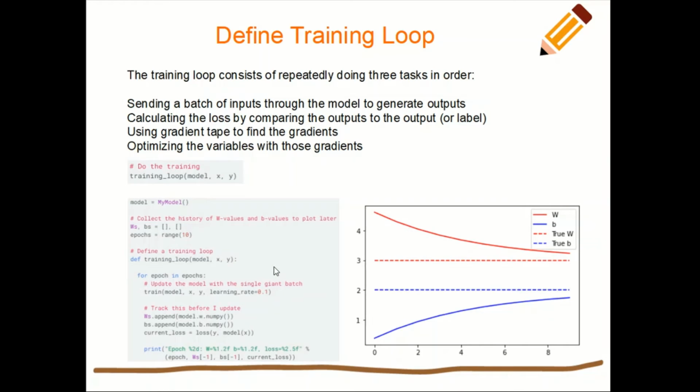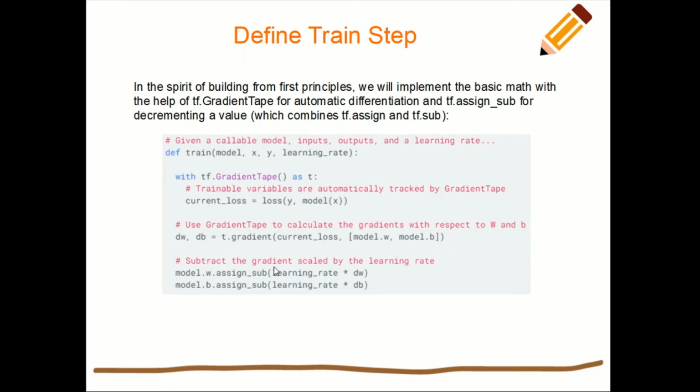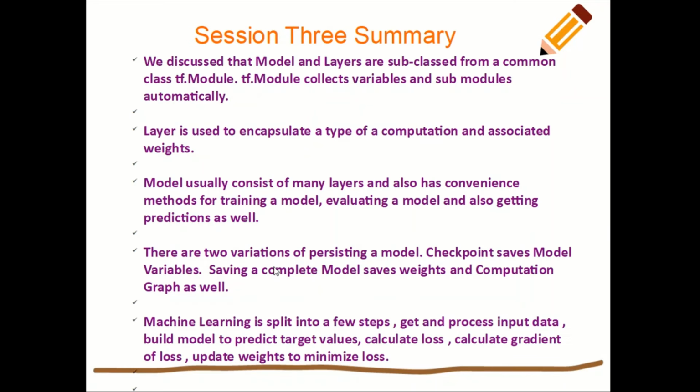Okay, so train step we already discussed. So that's all for this particular session, guys. In terms of the presentation, we are still going to see the notebooks, and then we'll come back and discuss the summary.